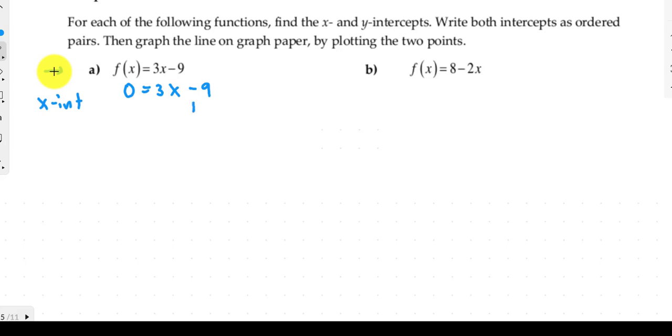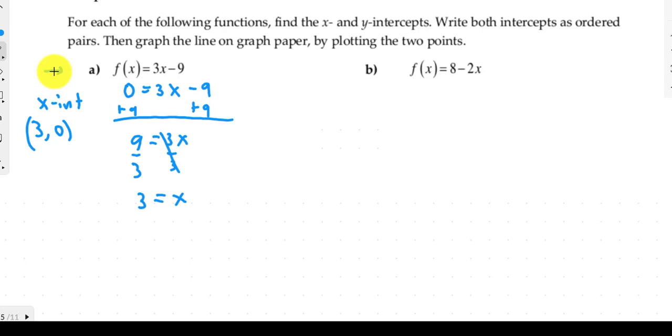So if I maybe add 9 to both sides, I'm left with 9 equals 3x, and then if we divide everything by 3, you're left with 3 equals x. So as an ordered pair, this would be 3, 0.